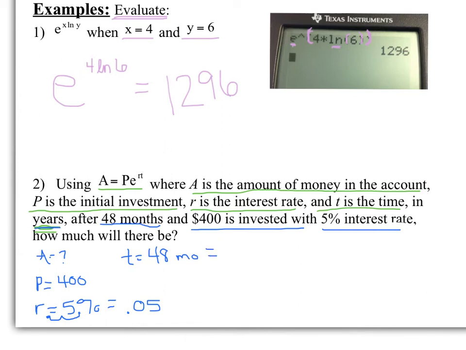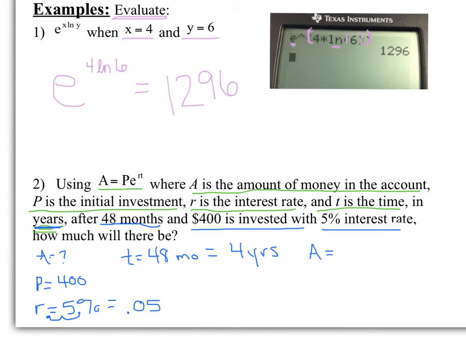But in the equation, T is time in years, so we need to change 48 months to years. So 48 divided by 12 will give me 4 years.